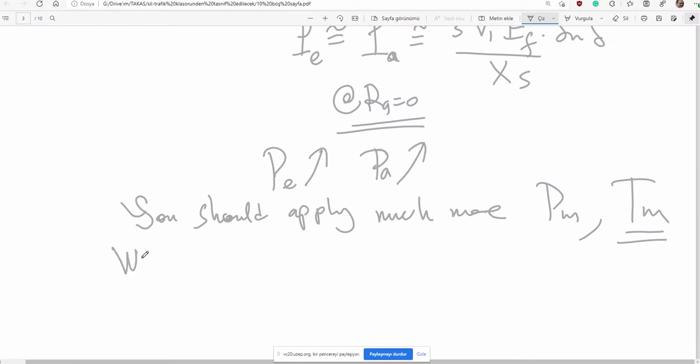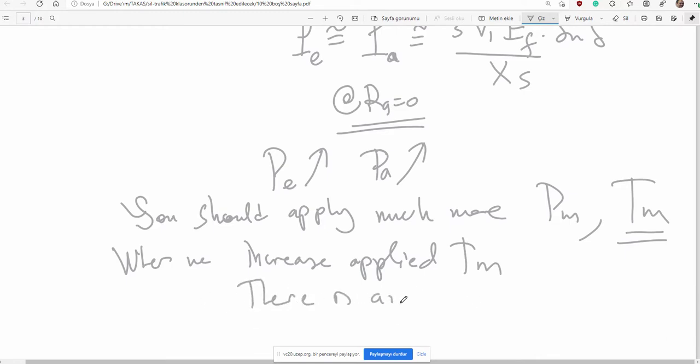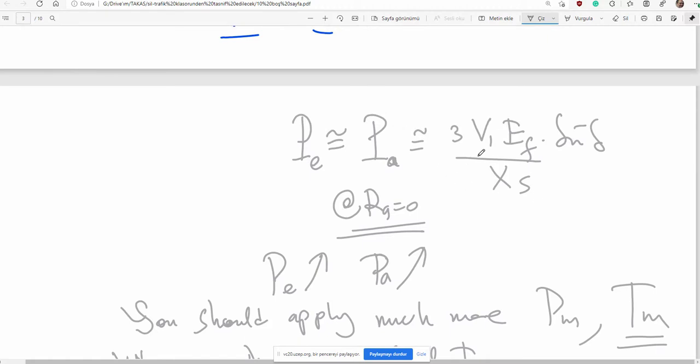So when we increase applied torque, there is an increase in delta. Here's the equation. You have three-phase voltage, you have single-phase winding voltage. That is the synchronous reactance. That is the induced EMF due to rotor field. Here must be some increase, ladies and gentlemen.